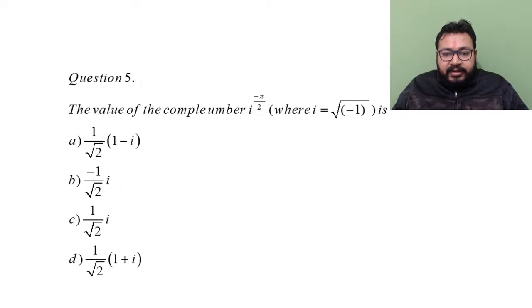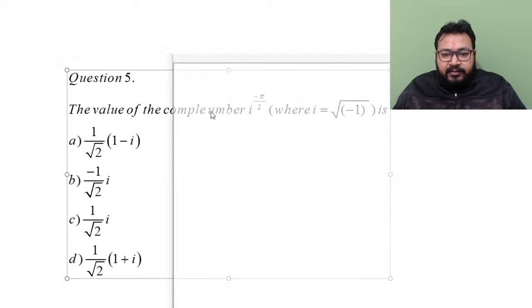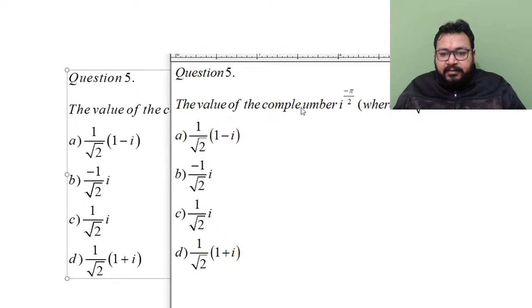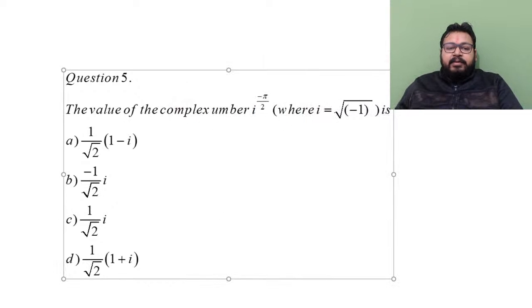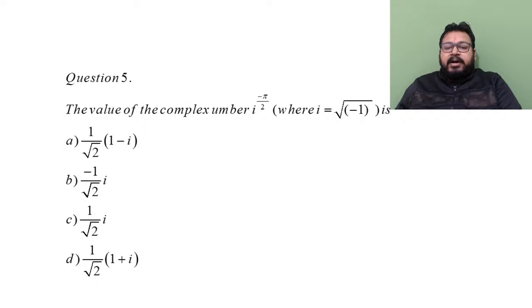The value of the complex number iota to the power minus pi by 2, where iota is equals to under root of -1, is.